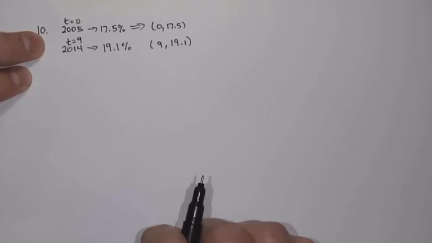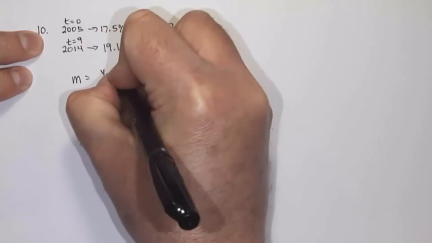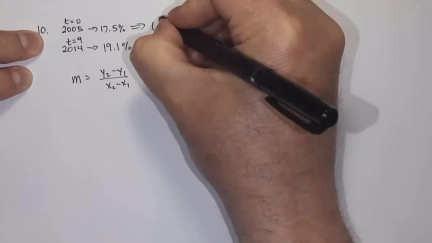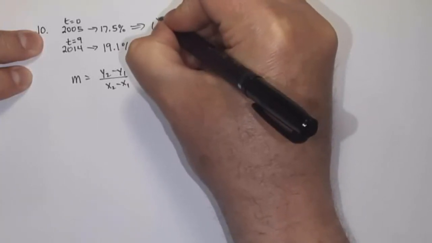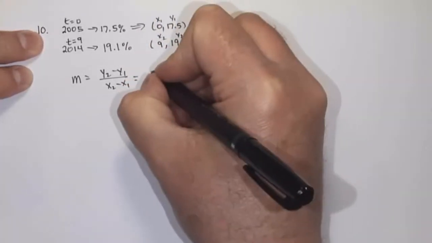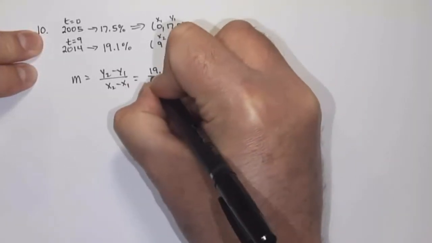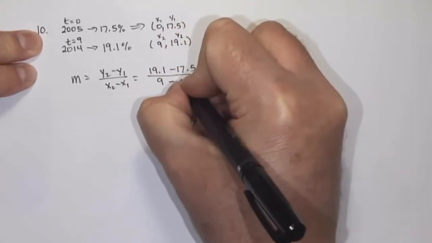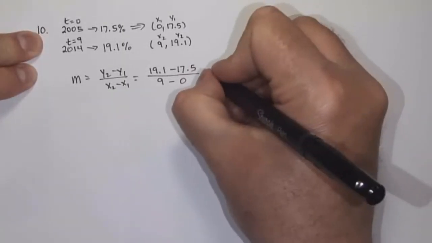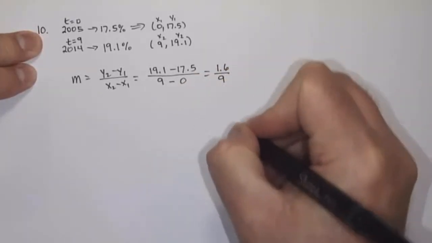So I can find the slope. The slope, again, we know is y2 minus y1 over x2 minus x1. So if this is x1, y1 and x2, y2, then that's going to be 19.1 minus 17.5 over 9 minus 0. 19.1 minus 17.5 is 1.6. 9 minus 0 is 9.